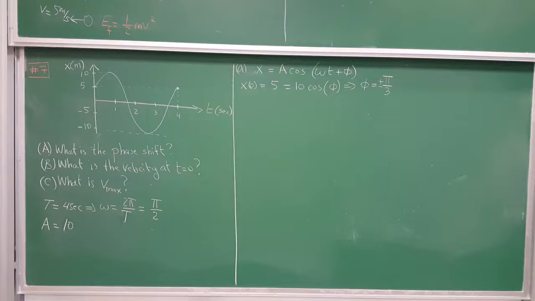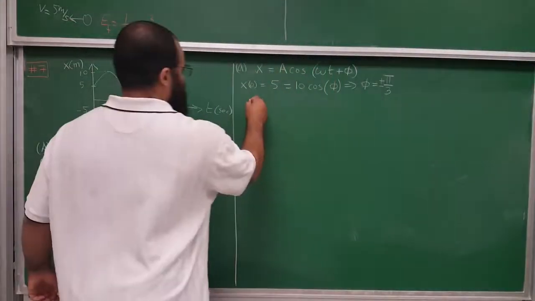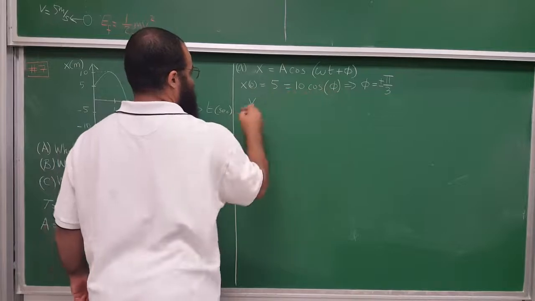Why? Well, because look, x started at t equal to 0, x is 5, and then it's increasing, so it's moving in the right direction, it's moving in the positive direction, that's why x is increasing. So the velocity is positive. So let me write down the equation for velocity, so that we can decide on this.